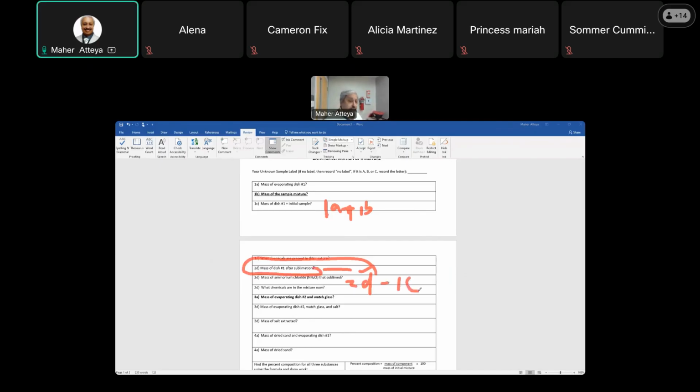That's the initial sample started with the mass of evaporating dish. What chemicals are now inside this? After sublimation, you have only silicon dioxide plus sodium chloride left.